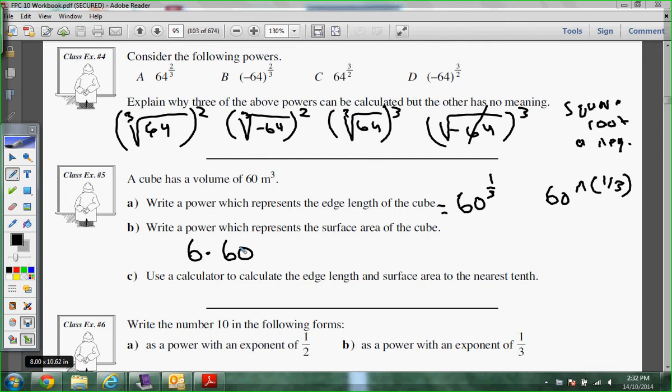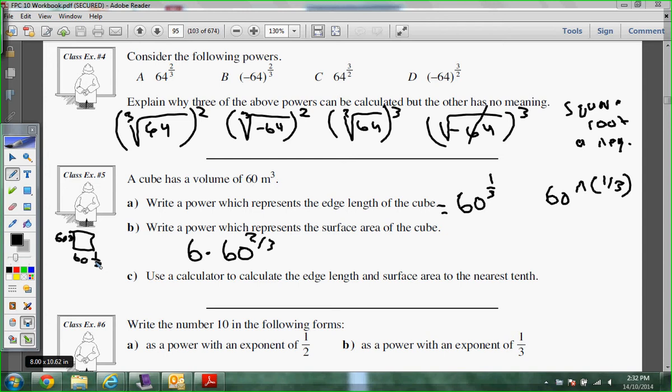What's 1/3 plus 1/3? 2/3. Right? Because I'm timesing, we have a cube. We know that the 60 1/3 is a side, and a 60 1/3 is a side. When you times those, we do what the exponents, we add them. 1/3 plus 1/3 is 2/3. We have the 6 there because there's 6 sides.